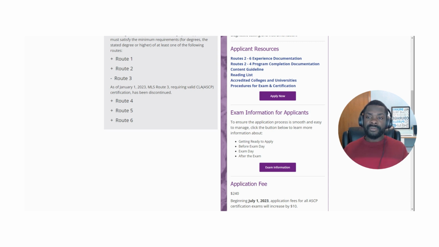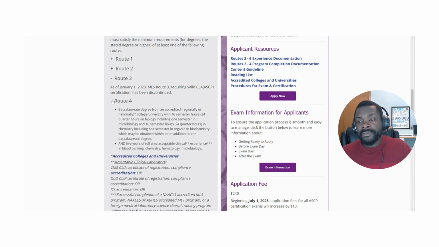As of January 1st, 2023, MLS Route 3 requiring valid CLA ASCP certification has been discontinued. If that's you, look at the other routes of eligibility and see what works for you.